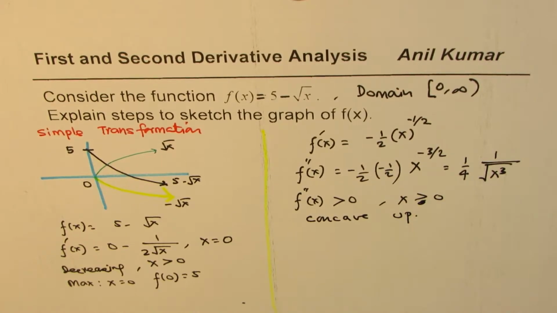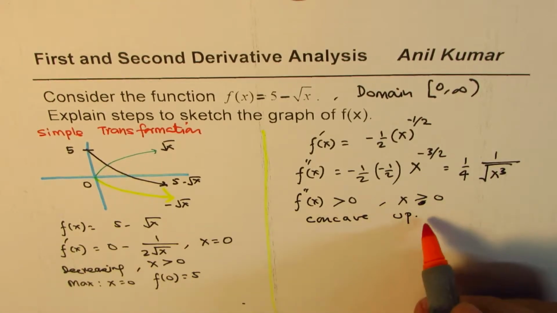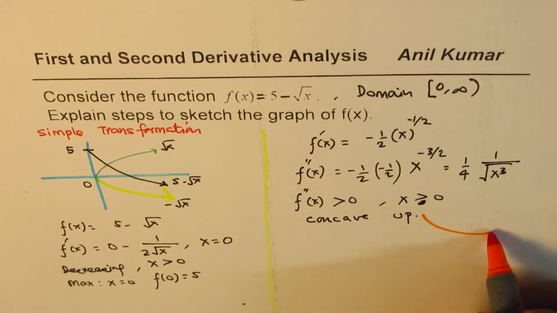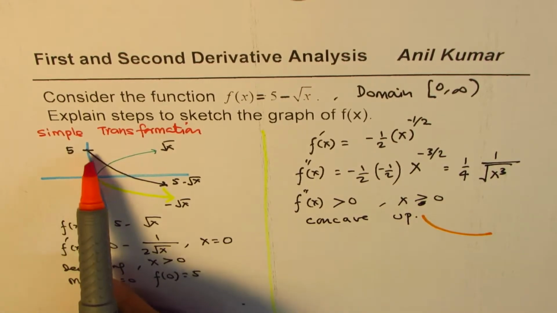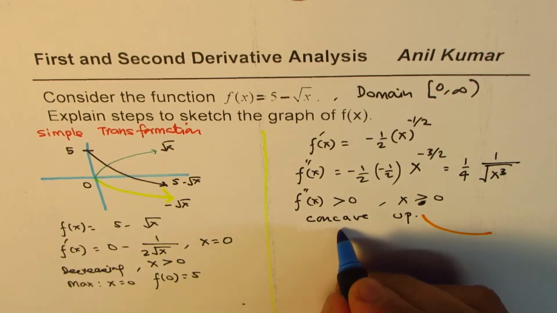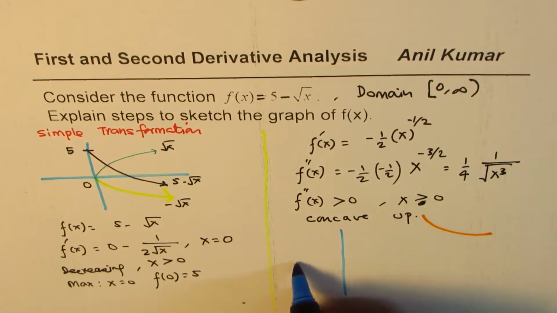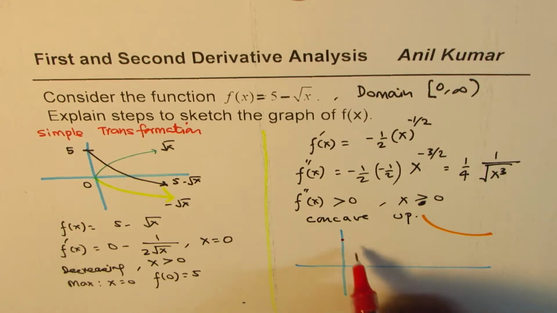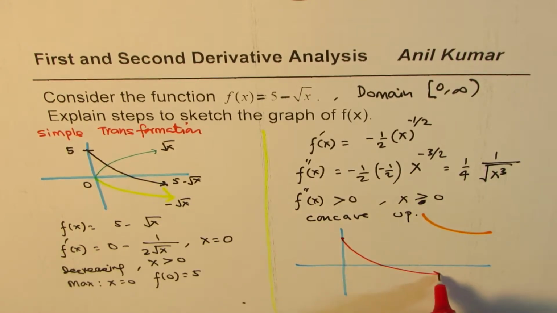That is to say that in this domain the graph has to be always concave up, correct? And that gives you this particular shape. And bringing all this together, we can sketch the function as we did earlier, starting at the maximum here and then concave up. We can kind of go like this.